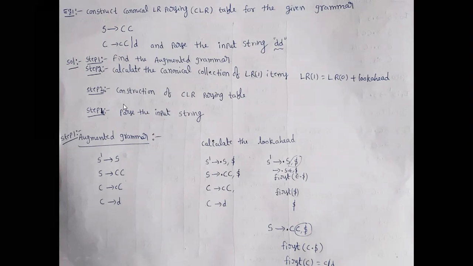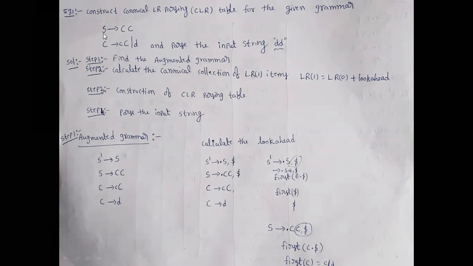So what is the augmented grammar, and how do we find it? For the given grammar, we add one more production with the start symbol. What is the start symbol here?